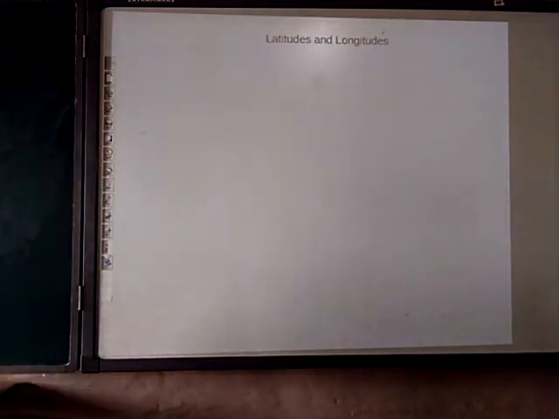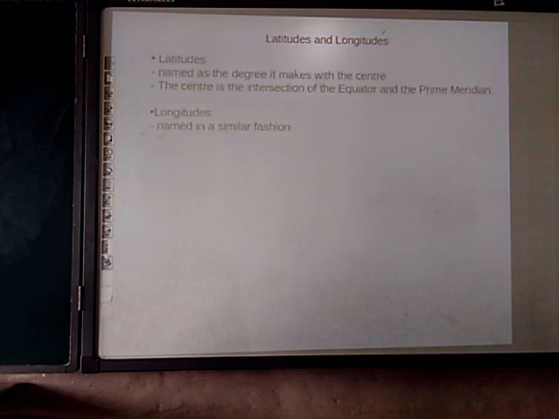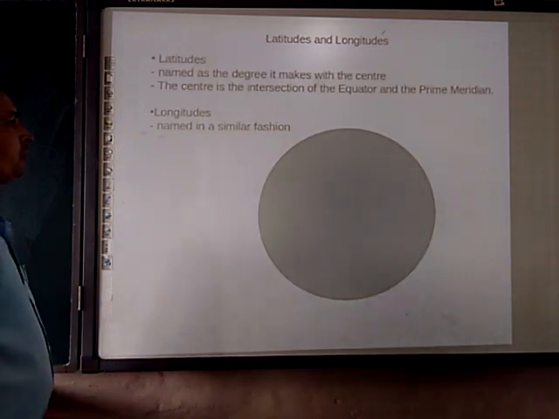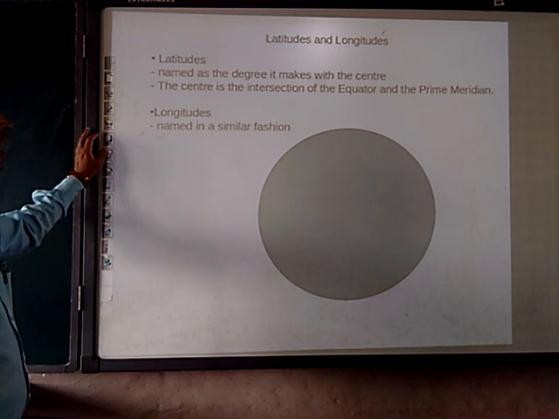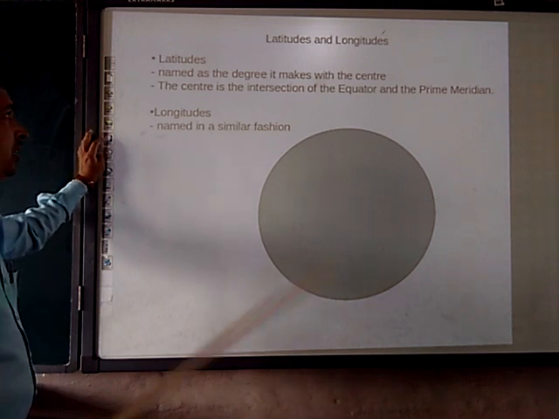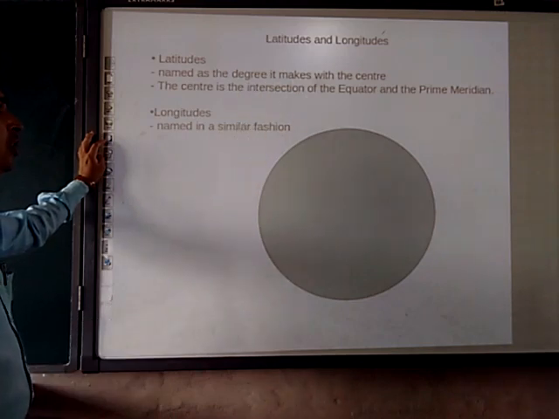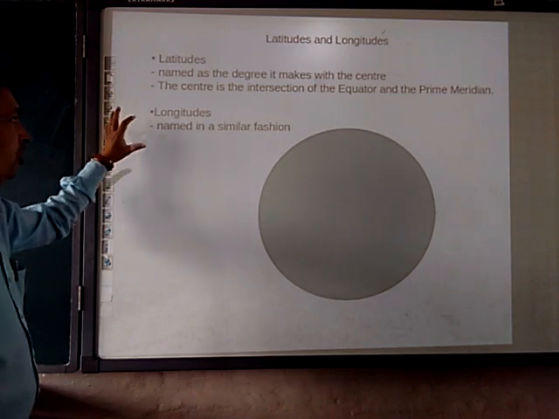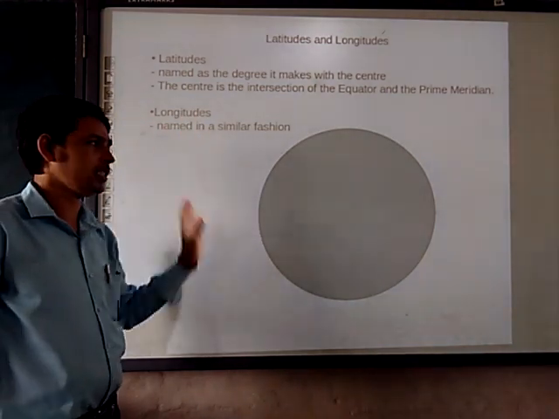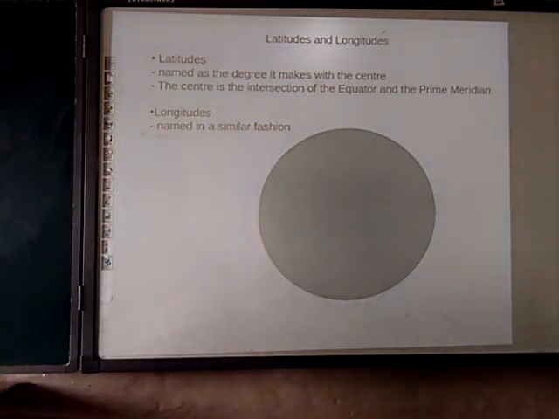Next, latitudes and longitudes. So here we are seeing that the latitude is named as a degree. It makes an angle with the center, and the center is the intersection of the equator and the prime meridian. Longitudes are similar in the same pattern. Let's see.